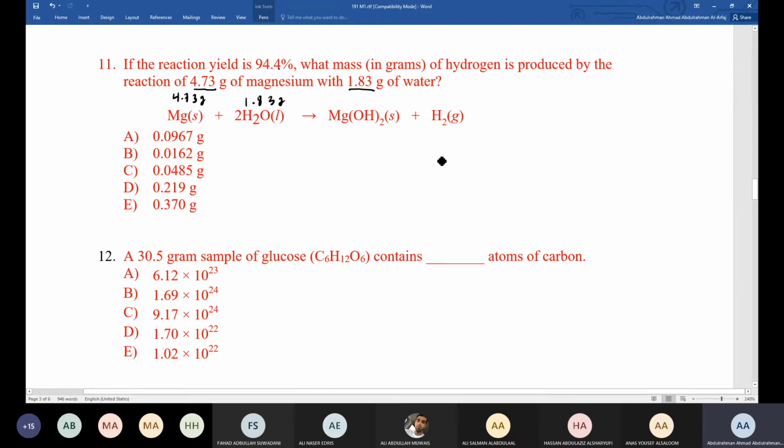I want to know how many gram of hydrogen will be produced. What's the first thing you must do? Find the limiting reactant, by changing to moles. Go ahead and change to moles. Magnesium has 0.1945.